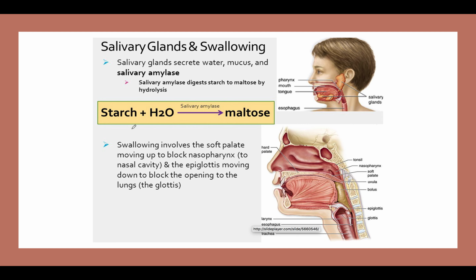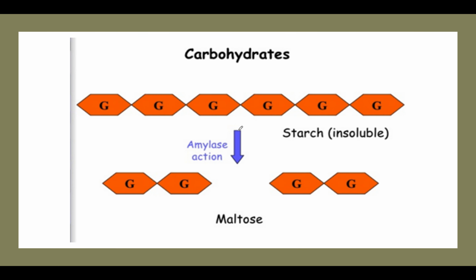As we know, when you eat starch, the amylase in the saliva together with the water found in the saliva will transform starch into maltose. This is the whole carbohydrate, lots of glucose, and then by amylase it is broken down into maltose.